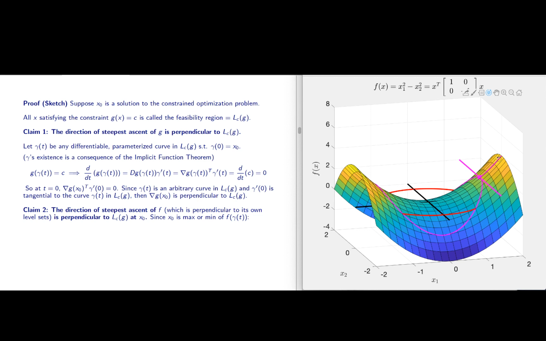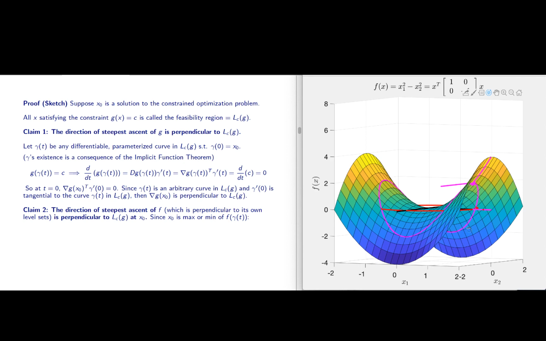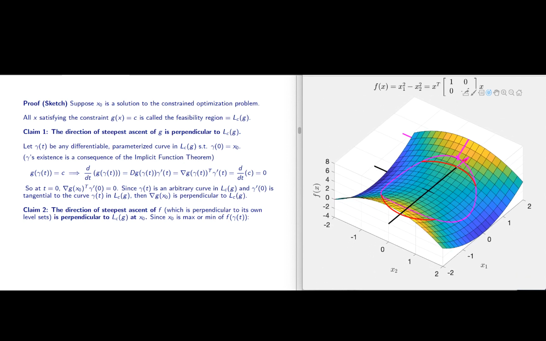And this direction is perpendicular to f of gamma of t. The gradient of f is perpendicular to my feasibility region, which is the second claim: the direction of steepest descent of f, this magenta arrow, is perpendicular to my feasibility region, this red circle, at this point x naught.